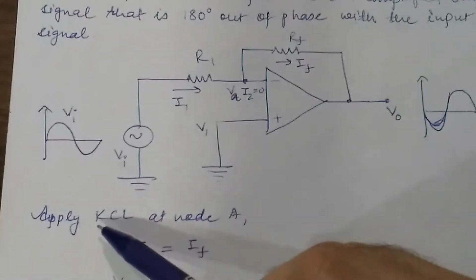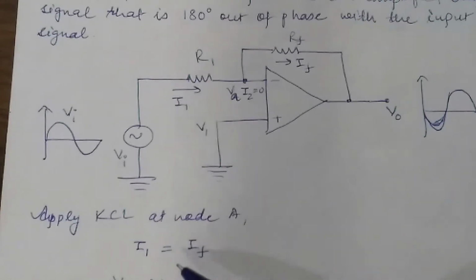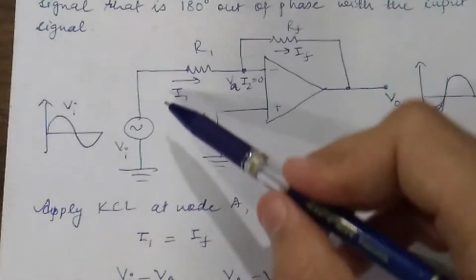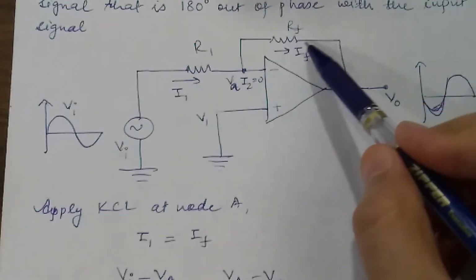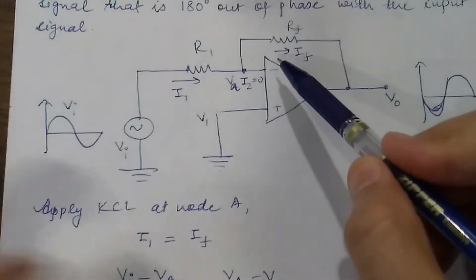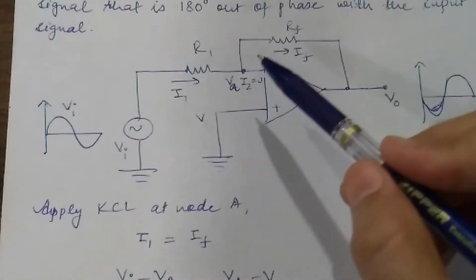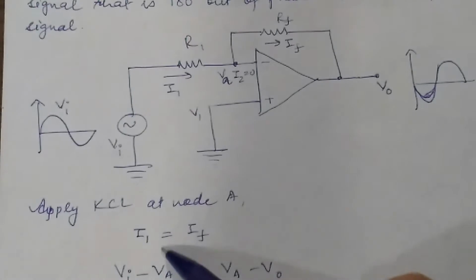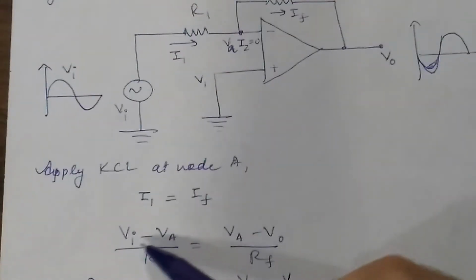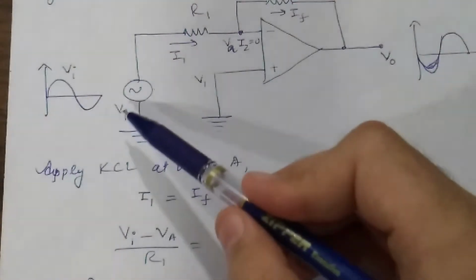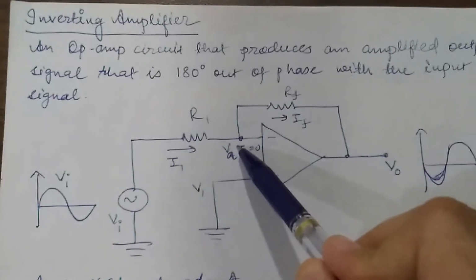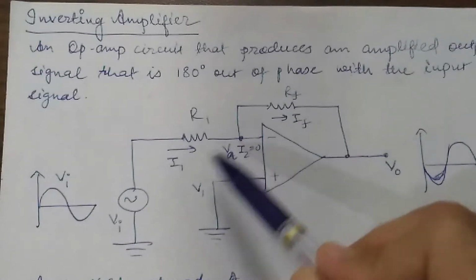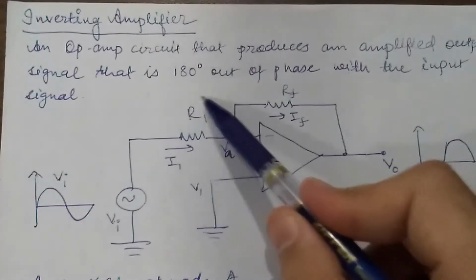For KCL, we take I1 equals IF, as both paths have the same current. I1 is considered as (VI minus VA) divided by R1, where we are considering a point VA over here.